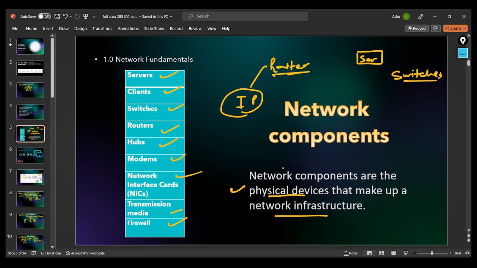There are many things. Clear? This is the first point, network fundamentals. In the network fundamentals module, we have discussed network components, and after this video and in upcoming videos, we will discuss network and networking, which is very helpful. We will discuss notes in upcoming videos.